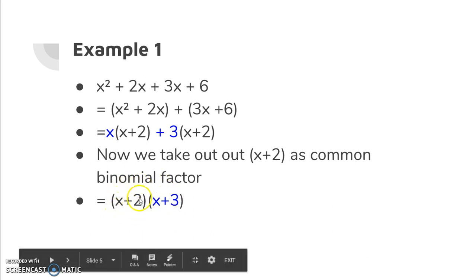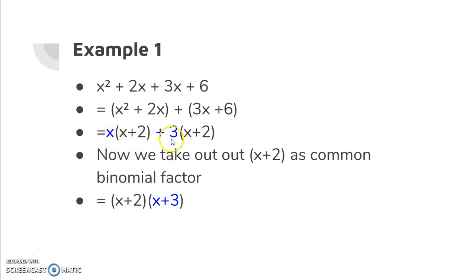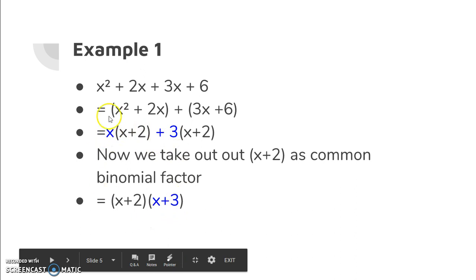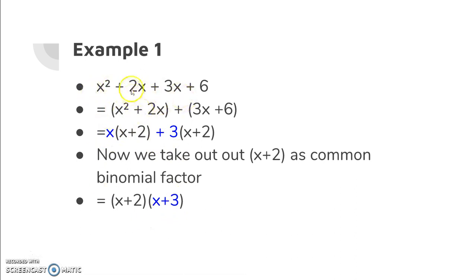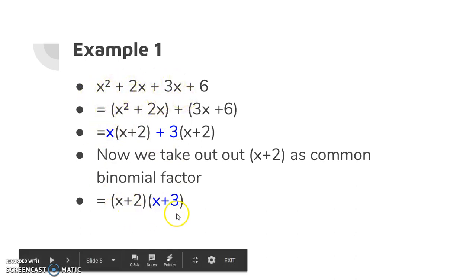So the first bracket is going to be the x plus 2, and it's going to multiply by a second bracket, which will be x plus 3. This comes from here and here. So your second bracket will be whatever's on the outside. So it's x plus 3. And that's how I factorize these 4 terms using the factorization by grouping method.